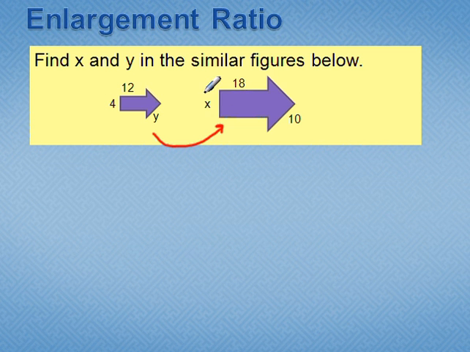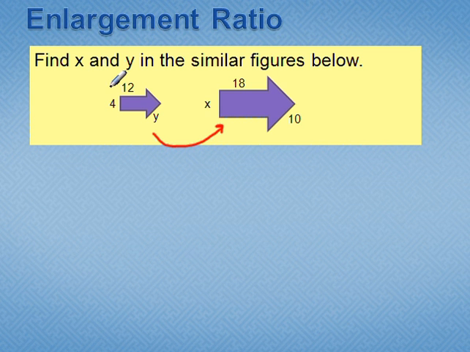Like maybe 12 times 2 would be 24 if this was really twice as big. And to go backwards, you would divide. Like if this was 24 right here, 24 divided by 2 would be 12. So once you know the enlargement ratio, it's just a matter of either multiplying to become bigger or dividing to get smaller. So let's find the enlargement ratio.